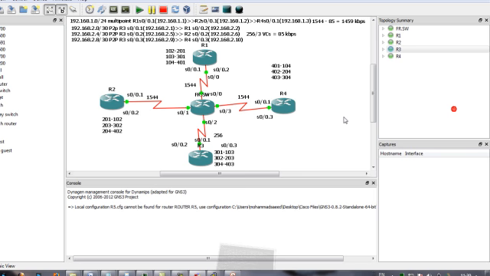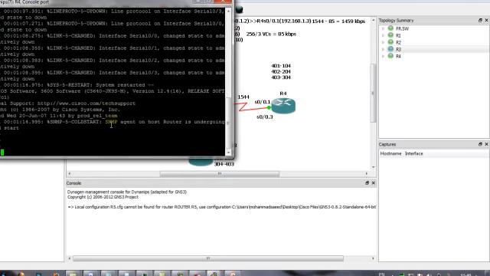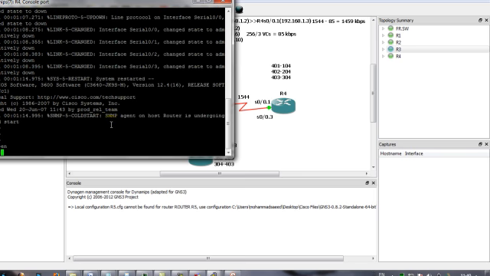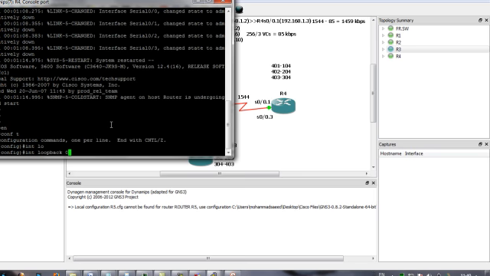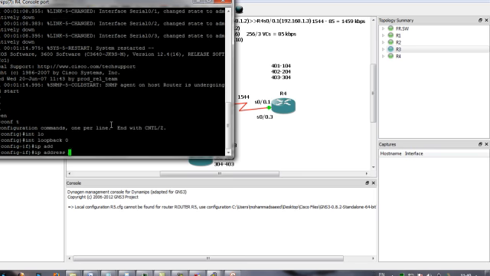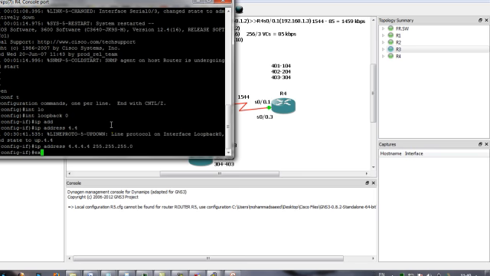Now go to router 4. Enable. I want to configure terminal. First, I want to create a loopback with IP address 4.4.4.4 255.255.255.0. Now exit.